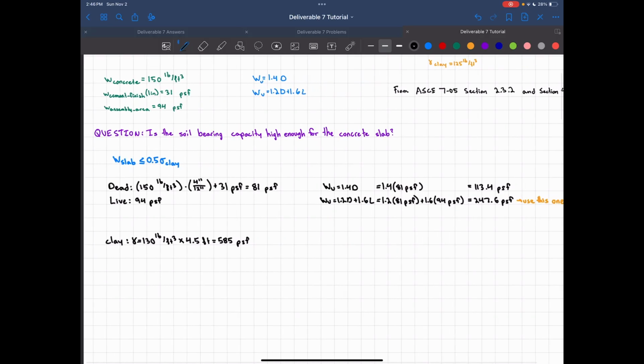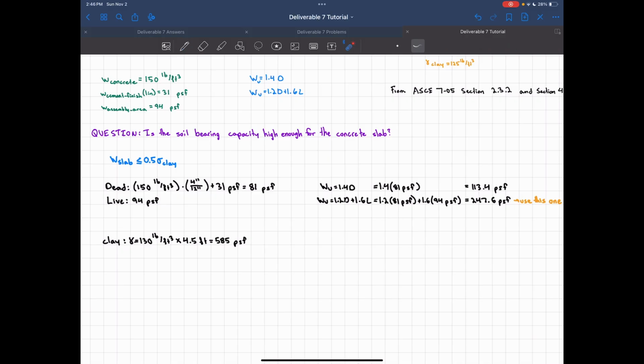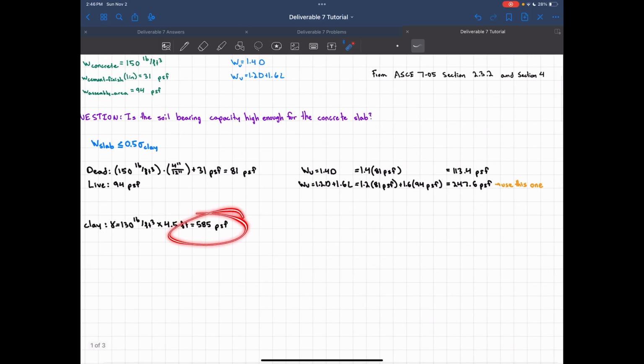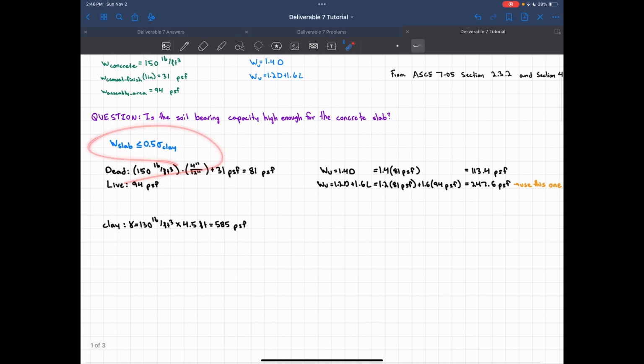Now that we have both the strength of the clay, again, this is strength in big quotations with a bunch of asterisks. Don't go to Professor Burden, who teaches geotechnical engineering, and say that this is right. I know it's not, but we're just doing this for learning purposes. So we have our clay strength and we have our slab weight. And now we can compare the two using this formula.